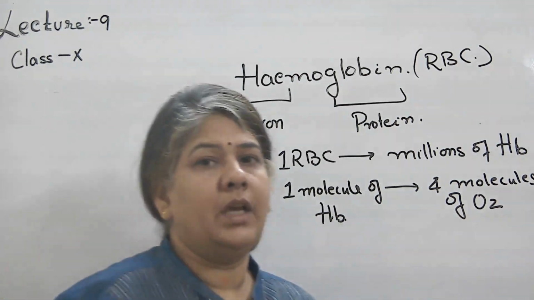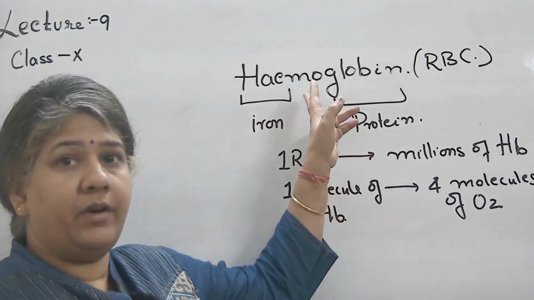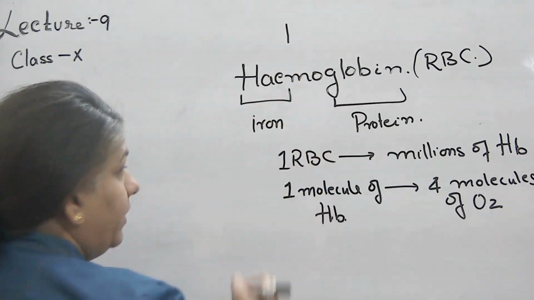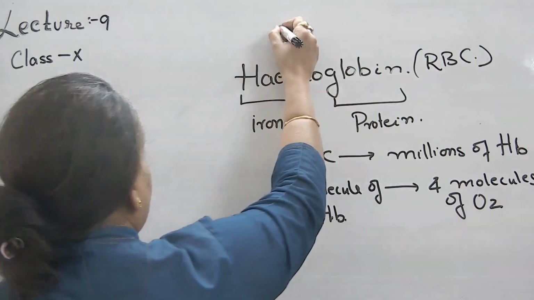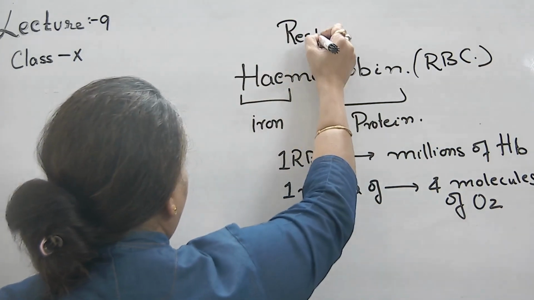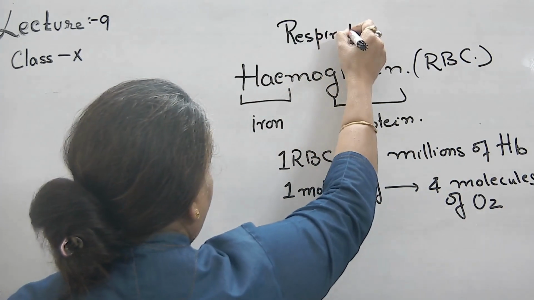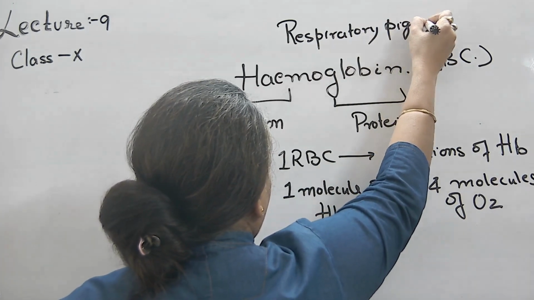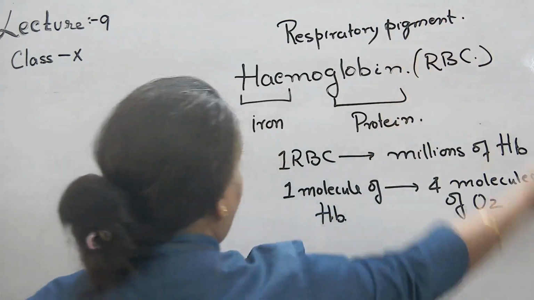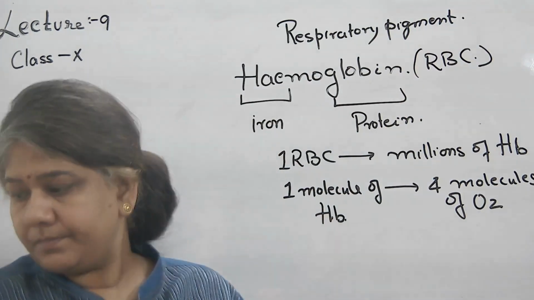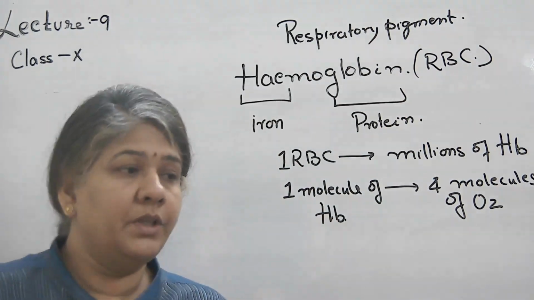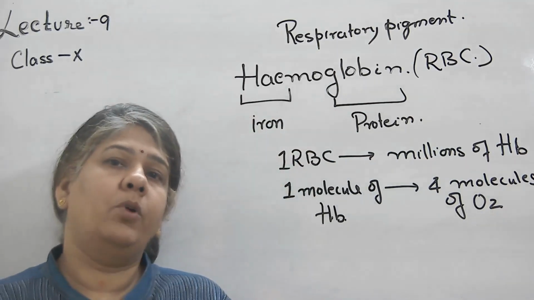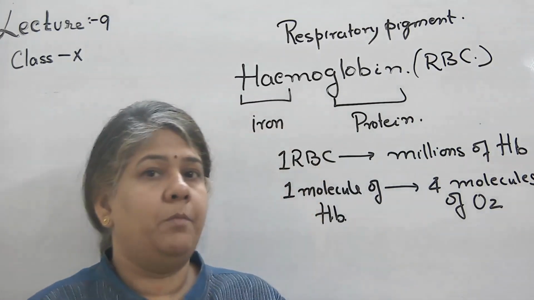So this is the efficiency of a respiratory pigment, that is hemoglobin, and it also gives red color to our blood. So this is a respiratory pigment present in our blood. So oxygen is very efficiently transported throughout the body in lesser time.